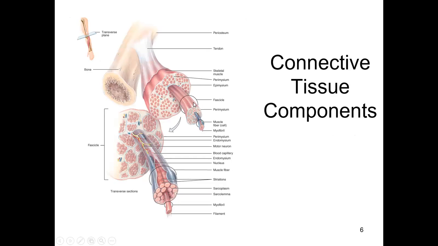You see here a fascicle or group of muscle cells. The wrapping around the fascicle or group is the perimysium. And the entire muscle you see here attached to a bone, the entire muscle is wrapped into the epimysium connective tissue.